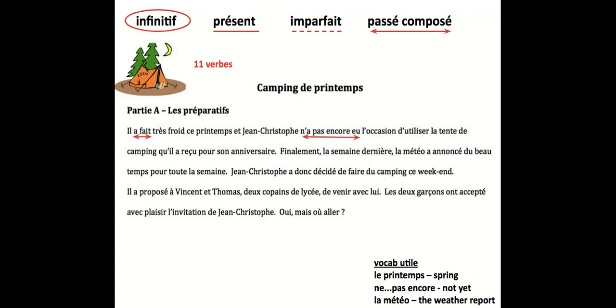And then we have two more verbs in the first sentence. The next one is an infinitive. It is the verb utiliser, ending in er there. And now our last one, il a reçu. Okay, il a reçu, that's passé composé. The helping verb is a, reçu is our past participle.